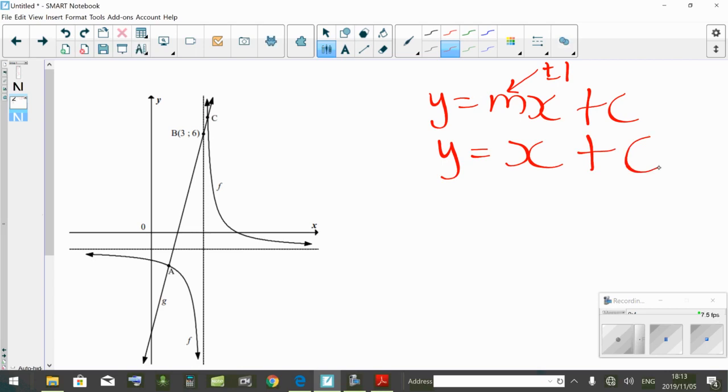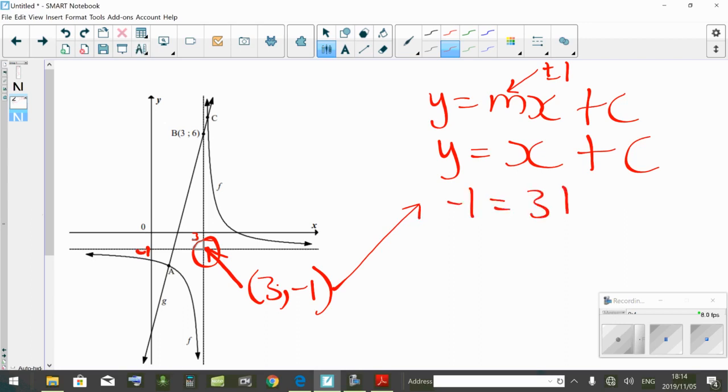And then we choose an additional point which we'll get from the point of intersection of the asymptotes. We know that this point is 3 and this is negative 1. So this makes our coordinate 3, negative 1. So we take that and substitute here.